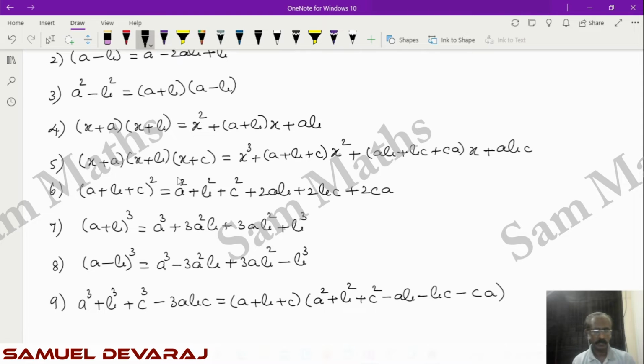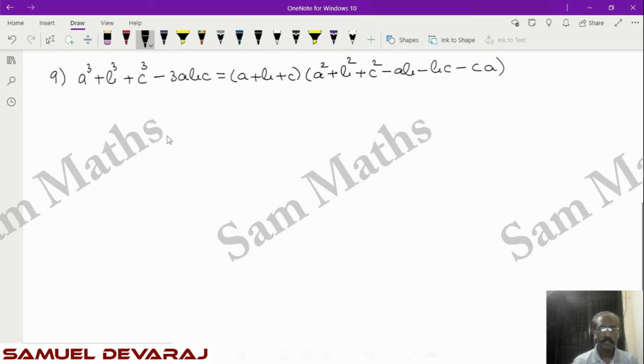These are some identities given here. You just make it thorough with this. You have to memorize all these identities. Then we are going to discuss how we can factorize the given polynomial or expression. Just recollect the same formulas for factorization.